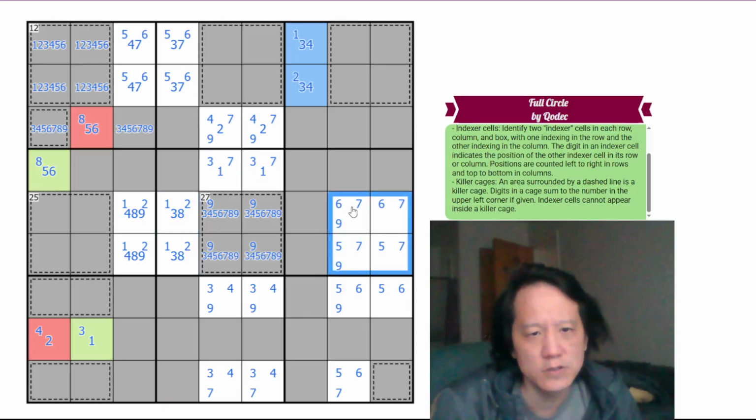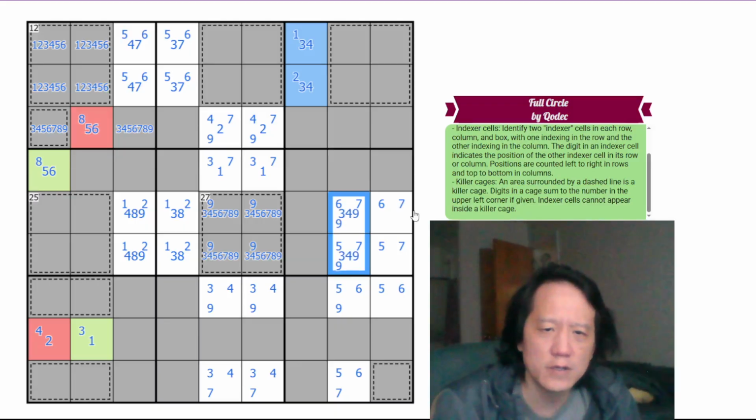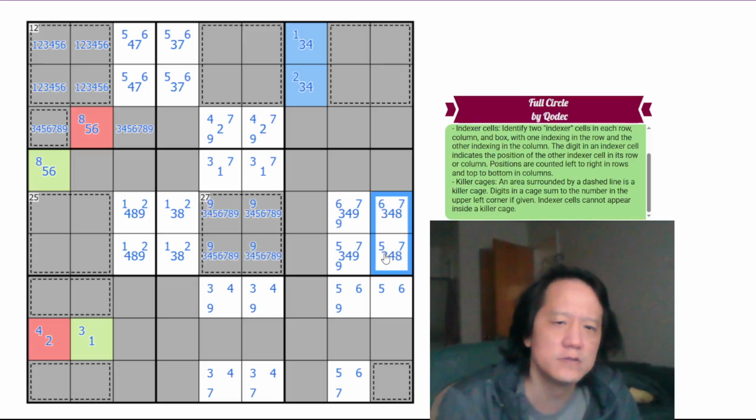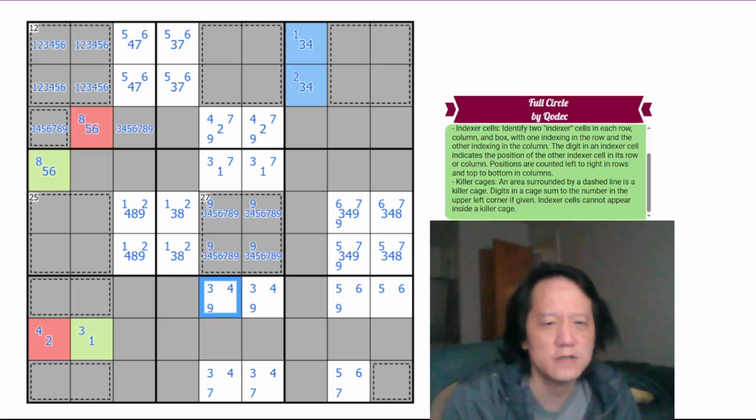Indexing rows here, these two could be 3, 4, or 9. Indexing rows here is 3, 4, and 8. Rows here indexing are 6, 8, and 9. And this is 6 or 8. This indexing row would be 5, 8, or 9. 5 and 8.